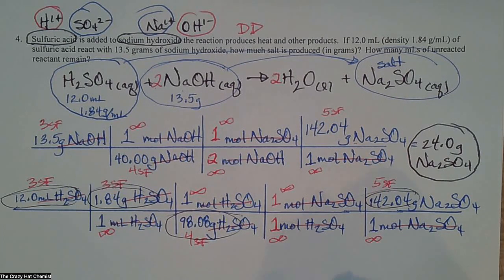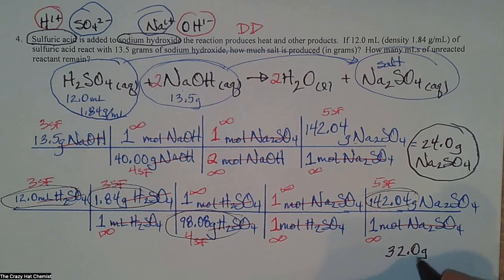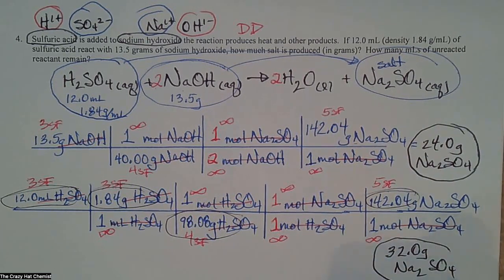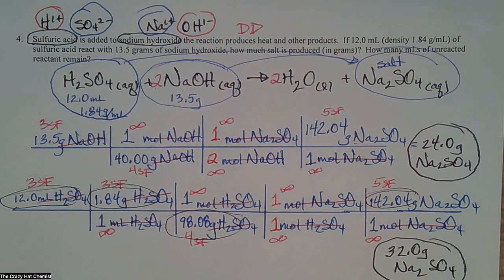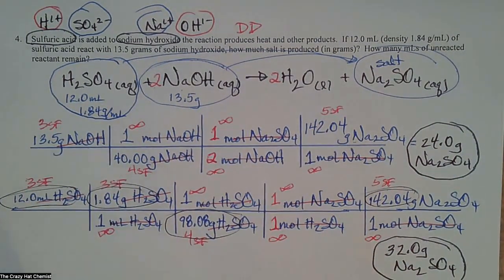And I'm going to get the number with 3 significant figures of 32.0 grams of Na2SO4. Circle that. Okay, fantastic. So now I'm about halfway done with this entire problem. So I'm pretty excited about that, hopefully.